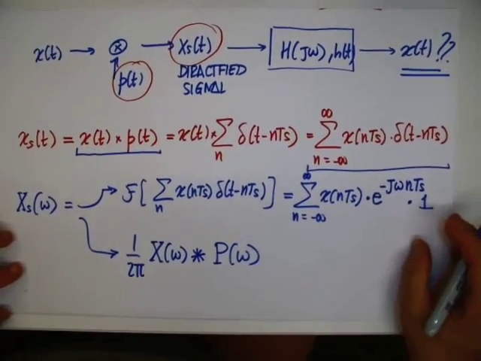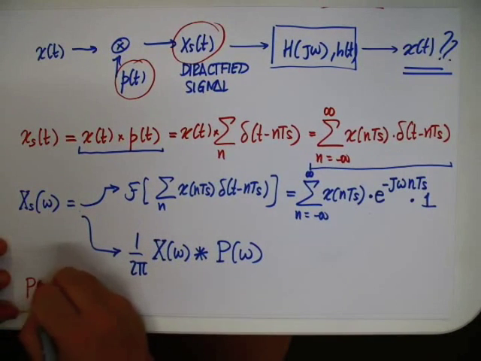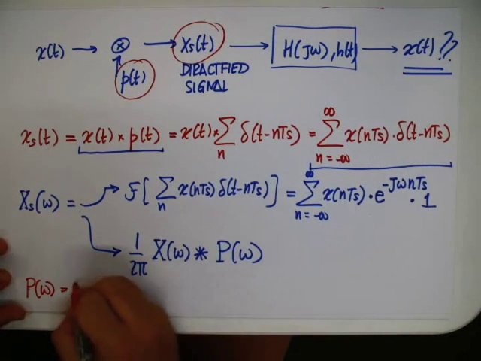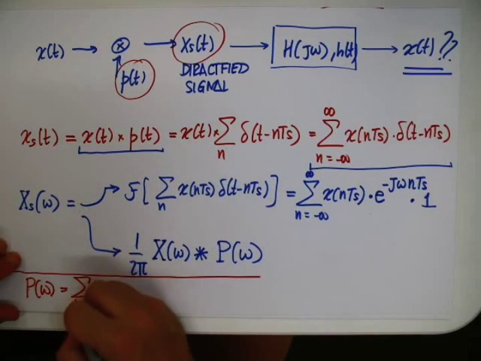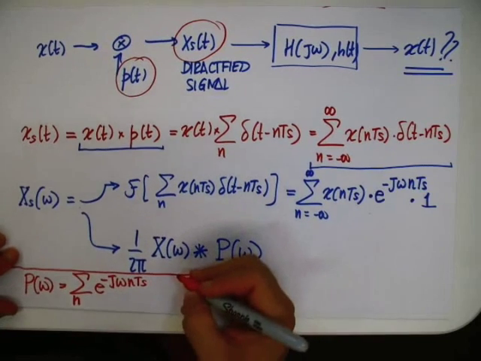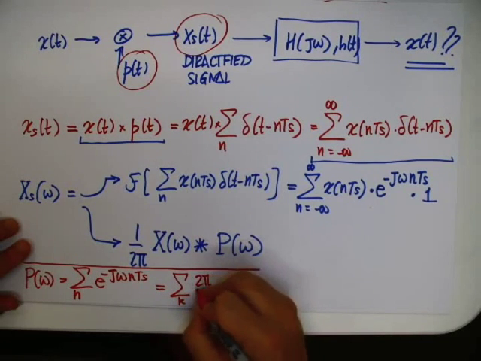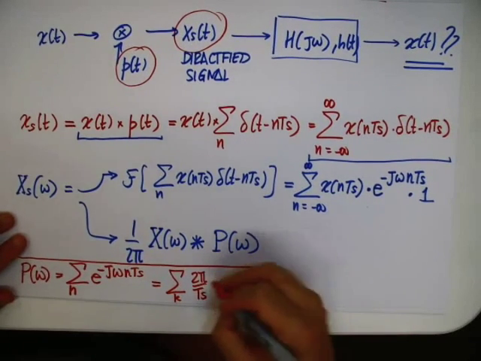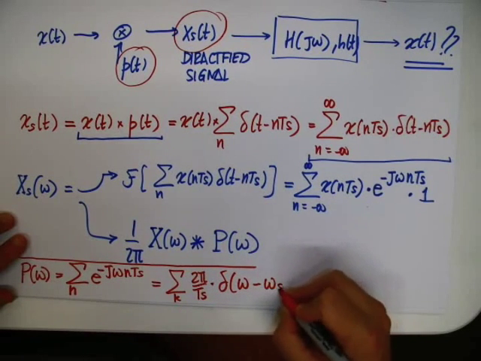Okay? And of course, for P of omega, we have two expressions. We know that P of omega is equal to the sum over n of e to the minus j omega n T_s, but this is also equal to the infinite sum over k of 2 pi over T_s times delta of omega minus omega_s k.